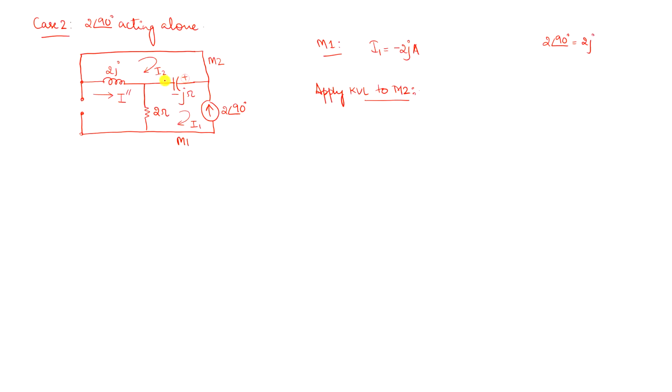So this is plus minus, this is plus minus. So this is going to be minus of minus j into I2, the dominant mesh, so I2 minus I1, minus 2j into I2 equal to 0. Solve this.